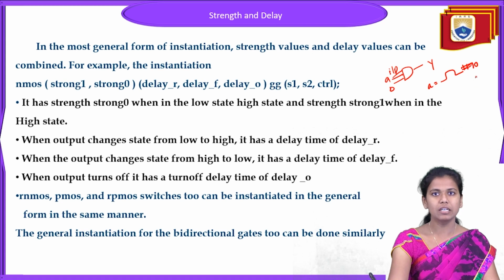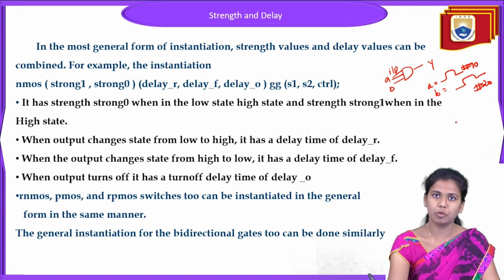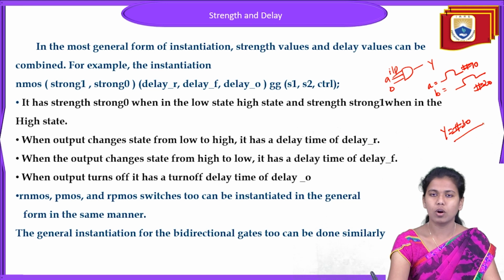Usually we represent the delays with a hash and the number. And B is going with 20 nanoseconds of delay. So finally at the output, Y is equal to 30 nanoseconds of delay. This is what I'm going to observe at the output.